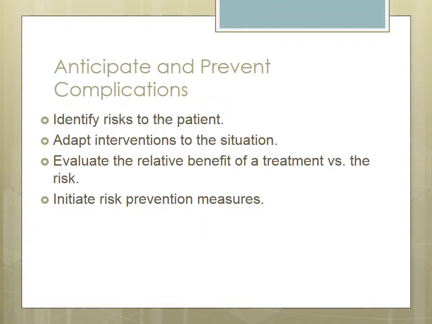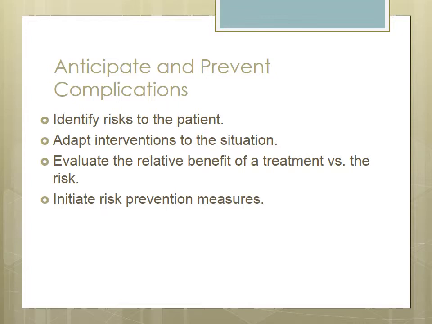So as we anticipate and prevent complications, there are 4 steps. You want to identify, what is your patient at risk for? And you want to adapt interventions to the situation. So going back to our patient who fell, now we're going to have interventions where we're going to put the bed alarm. The call light should have been within reach, but maybe we didn't have the bed alarm on because this was a patient who was independent, coherent.